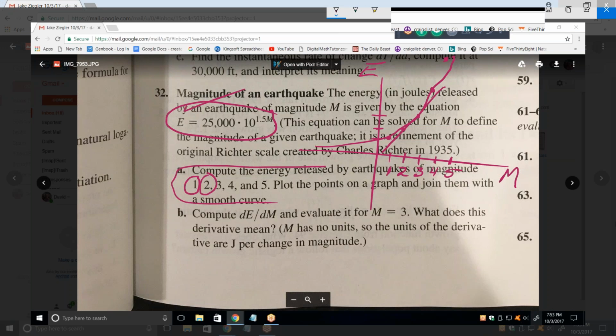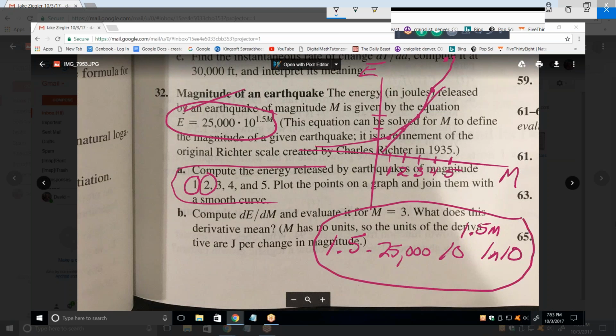Now, dE/dm, I'll do that real quick because we only have 1 minute. That's going to be 25,000 times 10 to the 1.5m times the natural log of 10 times 1.5, the derivative of the inside. So that is what dE/dm is.